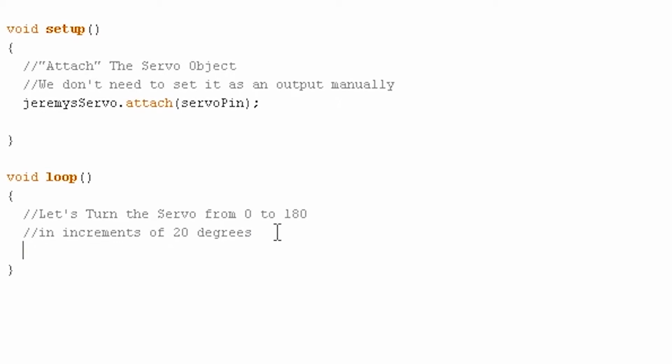Let's make a program that will increment the servo motor about 20 degrees on an incremental basis and then rotate it back to 0. Again, we'll use our friend the for loop, which we just learned about earlier. We'll start at 0, and the servo library takes care of all the PWM commands that you need to send it, so it makes this really easy.